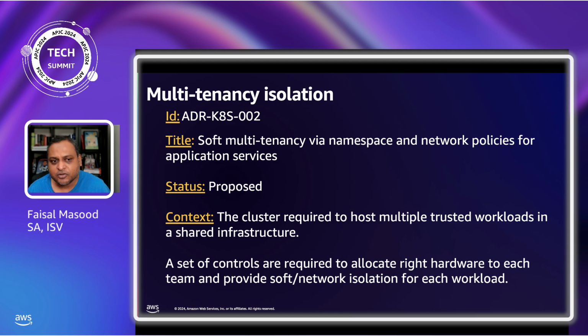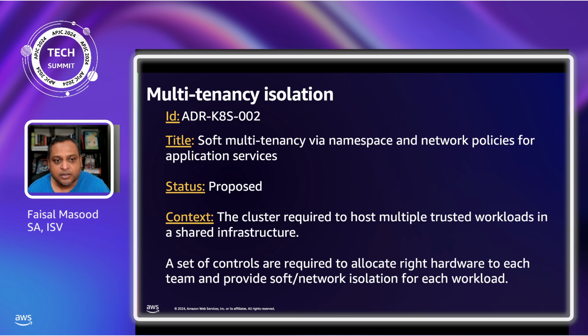Then we have context. The context, as I mentioned before, is that we are going to run multiple trusted workloads. That's very important here: the workloads are trusted so that they can work on a shared infrastructure, because containers will be run on the same host, for example.